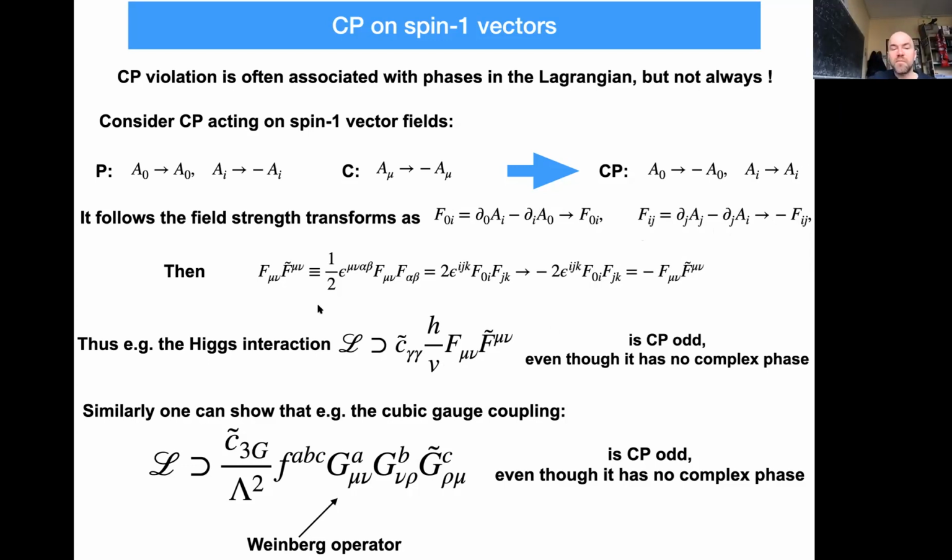So now, given what we know, we can build a CP odd combination made from these field strengths.